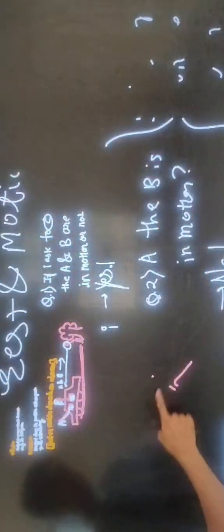Now next we will learn one thing, that is reference point. So what is the reference point? Can you define what the reference point is? Simple. The reference point is an origin. Reference point is also called the origin.